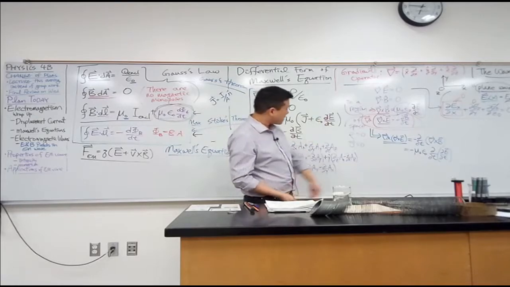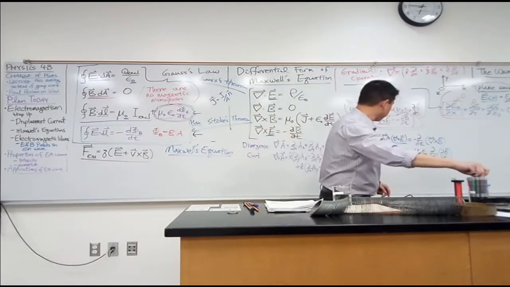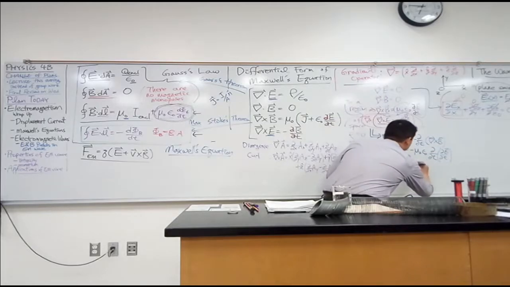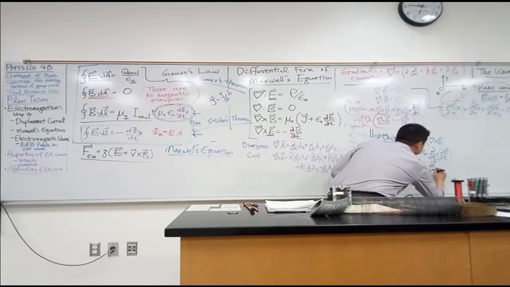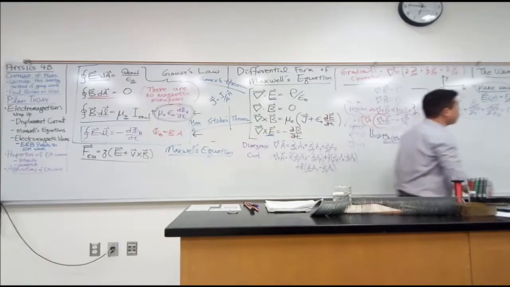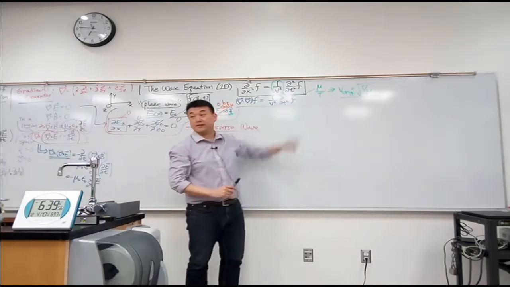So let's see, the right-hand side looks pretty simple. I can just write it down one more step and say that this is the double time derivative, because that's what it is. And then I'm almost there. The right-hand side looks almost like what I want to see here.